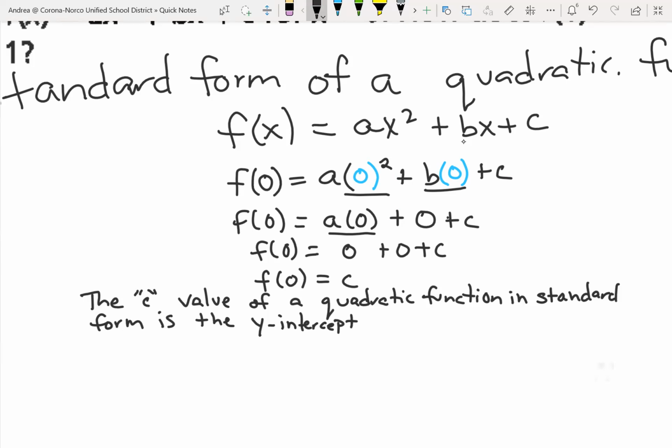Yeah, Gabriel? Very good. The y-intercept is where it crosses the y-axis, just like the x-intercept would be where it crosses the x-axis. So write that down if you don't remember. Not the x-axis, but the y-axis.